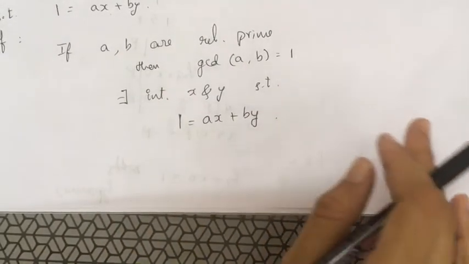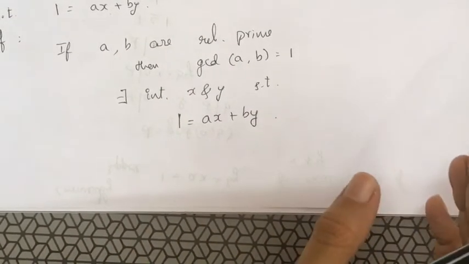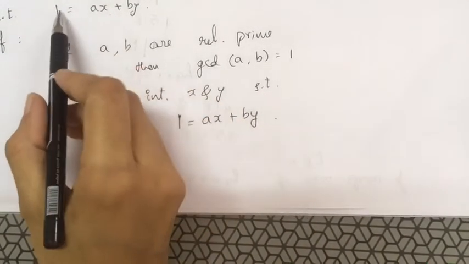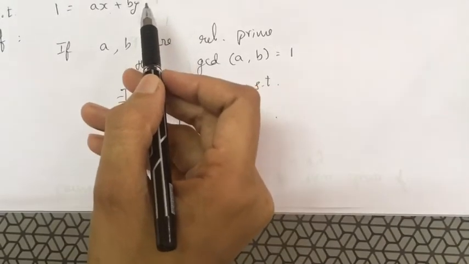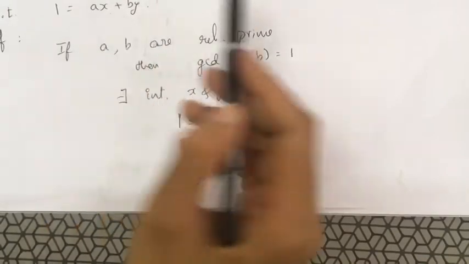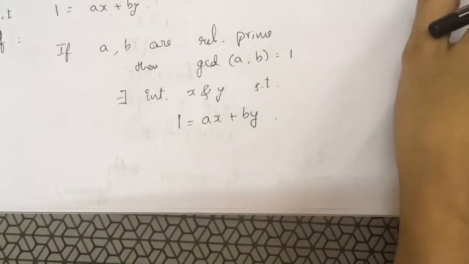Now the second part is, I have to show if 1 equal to AX plus BY, then A and B are relatively prime.